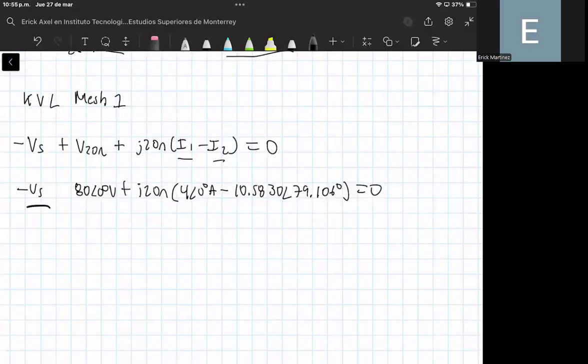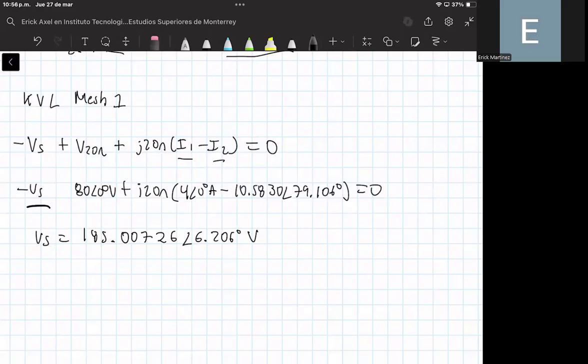So if you solve for the voltage of the current source, you will notice that the voltage is equal to 185.00726 with an angle of 6.26 degrees volts. Okay, this is the value of the voltage.